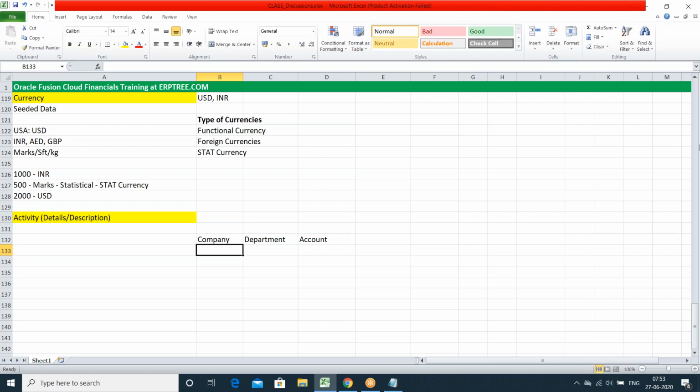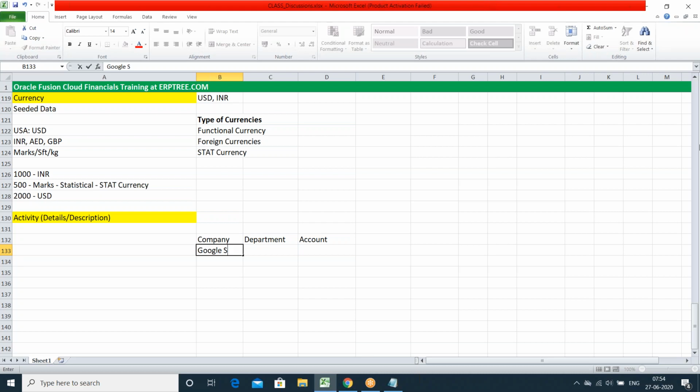How many companies they have. For example, if you take the example of companies, let's take Google as a company.